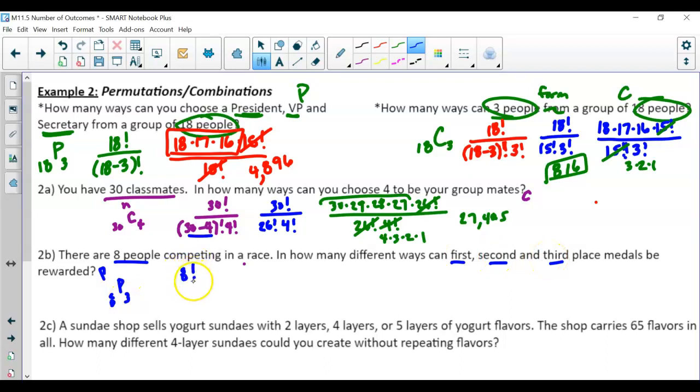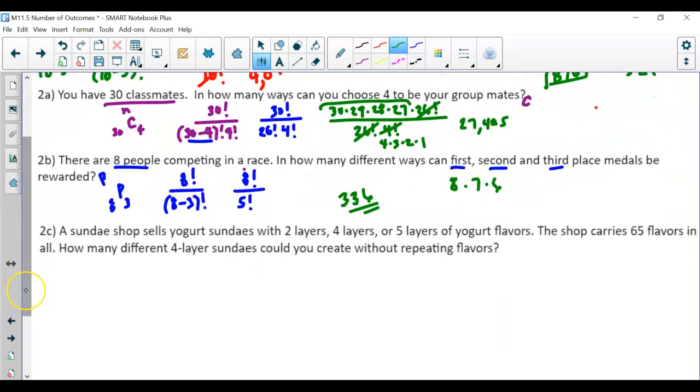So you have 8 factorial over 8 minus 3 factorial. Or this is 8 factorial divided by 5 factorial. So in the end, just like before, this is just 8 times 7 times 6, because now the order matters. And you'll get the same thing here, right, when canceling out. And there are 336 different ways.